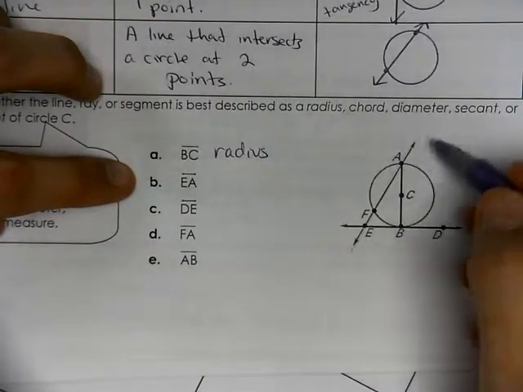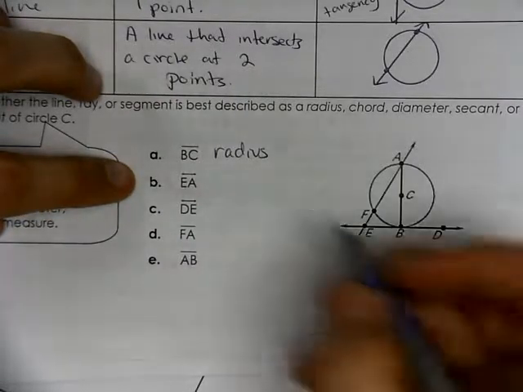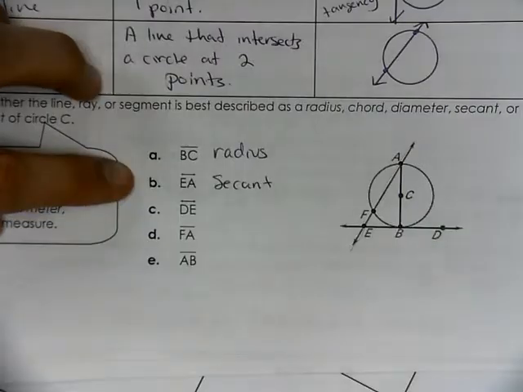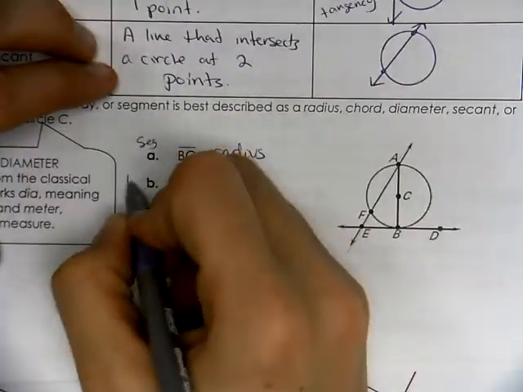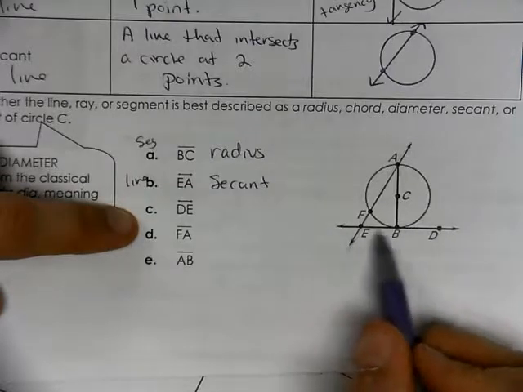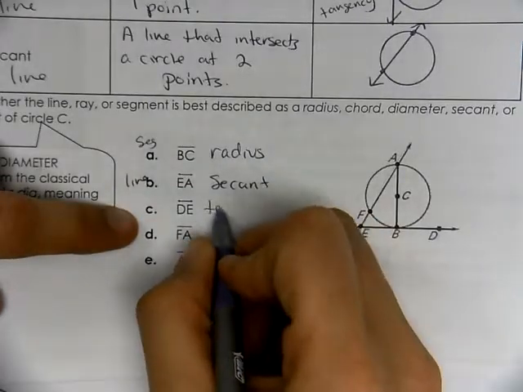Line EA. What do you think? Secant, good, because it hits the circle at 2 different points. Okay, this was a segment, this was a line. Line DE. Tangent, because it only hits at 1 point.